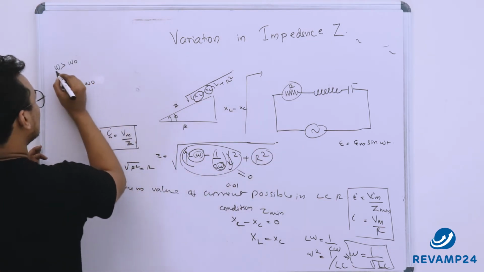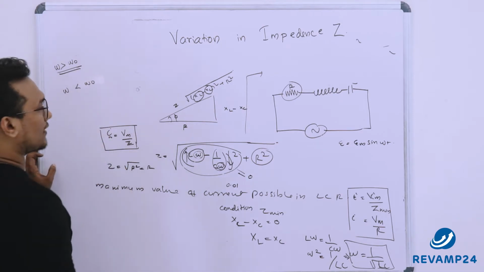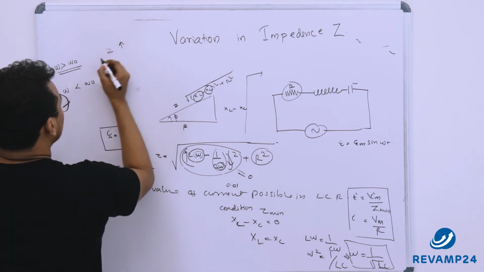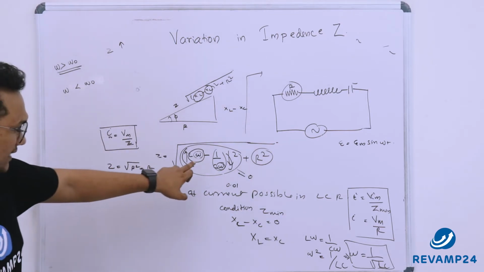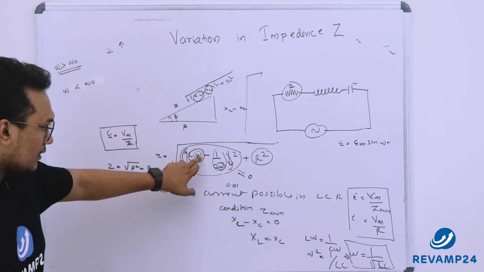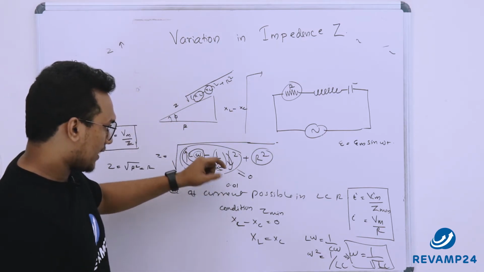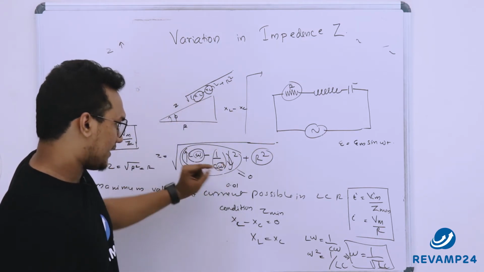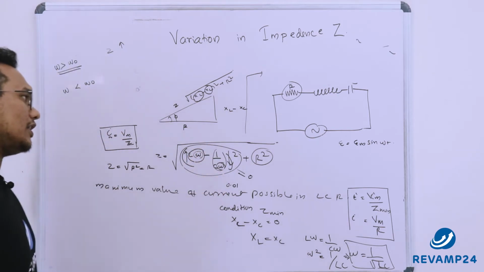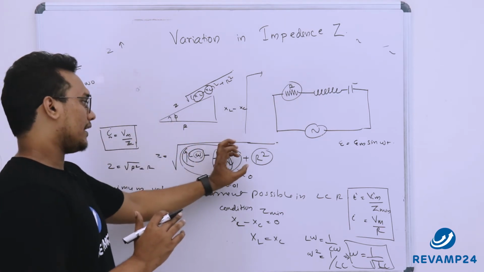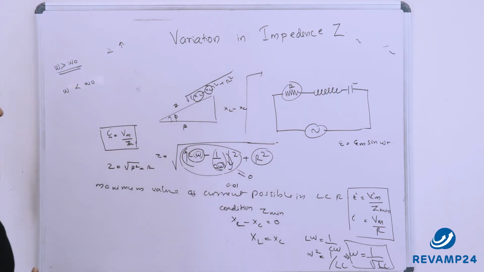So I can say in this condition, when omega is greater than omega 0, then impedance increases. Check here: substitute omega here, L omega will increase, and when omega increases, the denominator increases and the total value decreases.